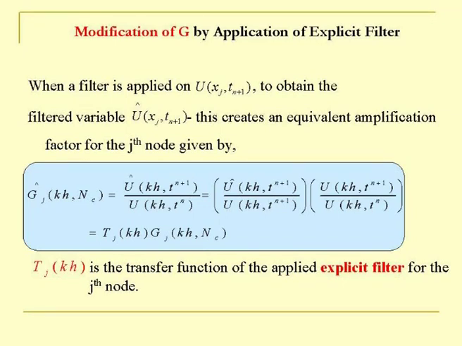So this we split into two parts, and you can notice that we have artificially introduced this factor u of kh at t n plus 1.